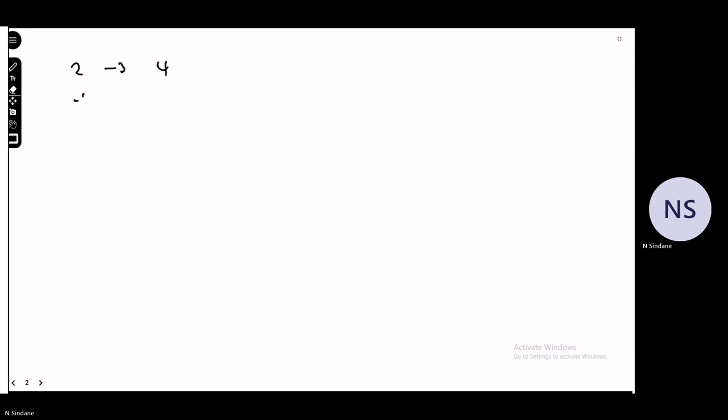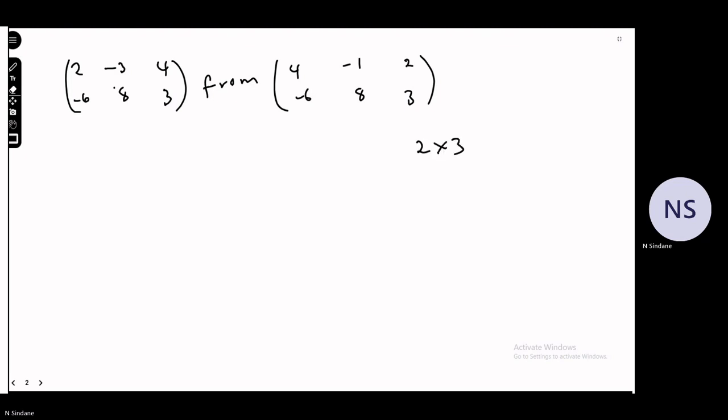They are saying subtract from 4, -6, -1, 8, 2, and 3. You can clearly see that this is a 2 by 3 matrix, so we're subtracting a 2 by 3 from a 2 by 3. In this case, we need to subtract this matrix from that.